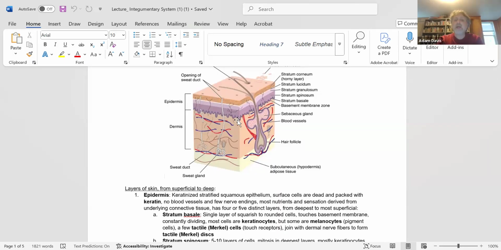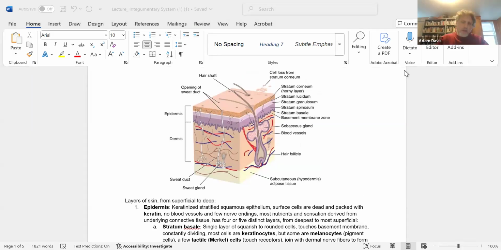So let's talk about that. Let's begin at the deepest layers of the epidermis and slowly work our way from where those cells originate to when they eventually flake off of the skin surface as dead cells at the end of their existence.